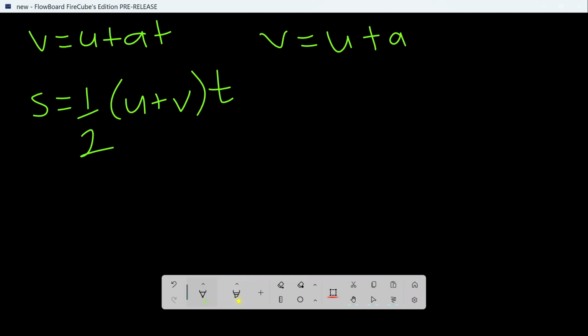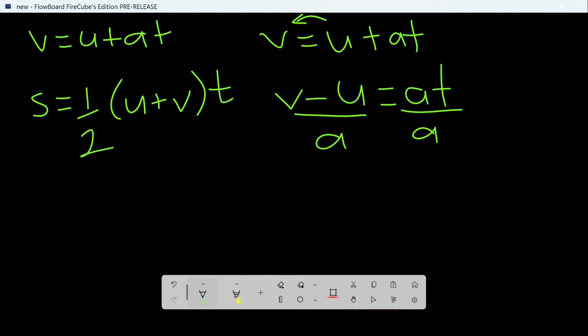If we're to make t the subject, we're going to first of all move the u to the other side to have v minus u equals at, and then we're going to divide through by a to isolate the t. That's what we'll actually end up with, something like v minus u out of a equals t.